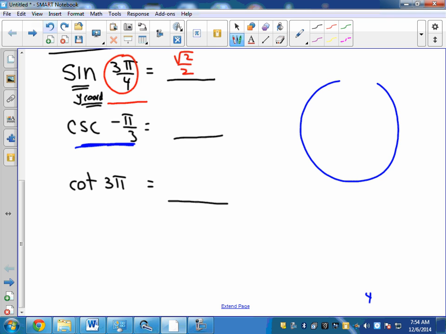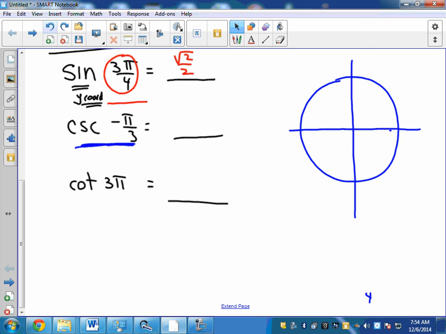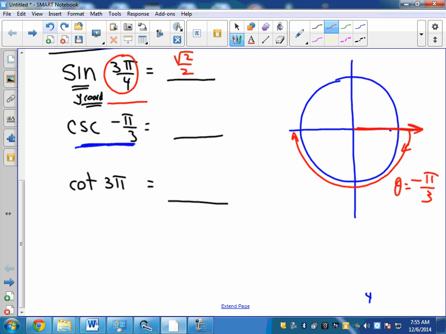Here's our circle. We're now rotating clockwise. We're starting from the positive x-axis, but now we're going to be going that way because theta is negative pi over 3. Full pi would take you all the way to there. We're only going 1/3 of the way, which is right to here.